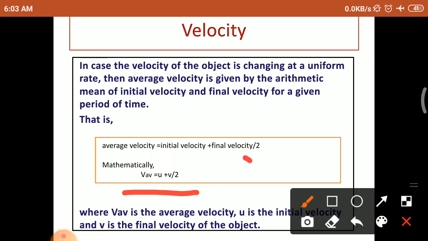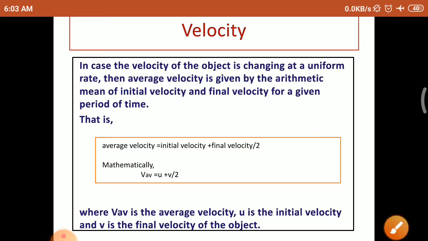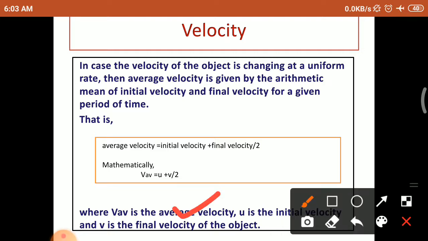When we have to calculate average velocity and the velocity of an object is changing at a uniform rate, we can find the average velocity equal to initial velocity plus final velocity by 2, where V_av is the average velocity, U is the initial velocity and V is the final velocity.